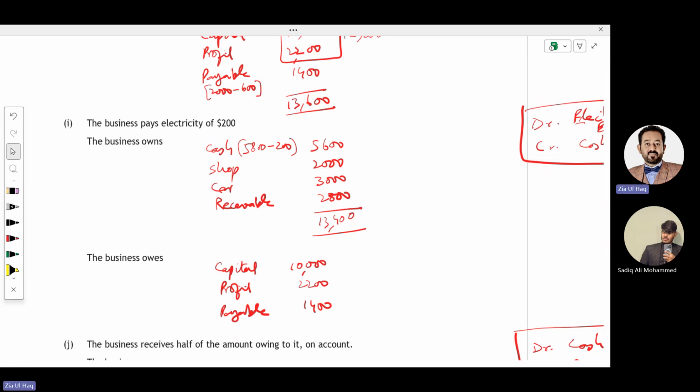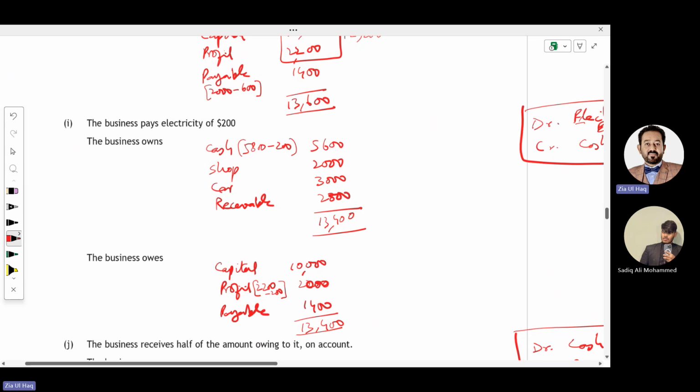So the expense business paid will reduce the profit. 200 we paid as the expense. This will reduce our profit to 2,000. Instead of 2,200, it will become 2,000. Now both sides will match.